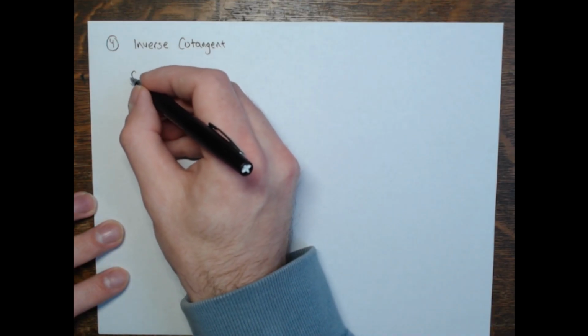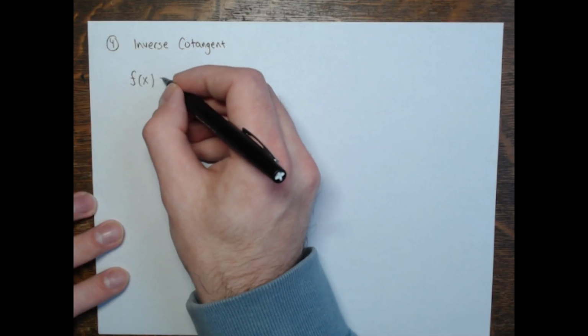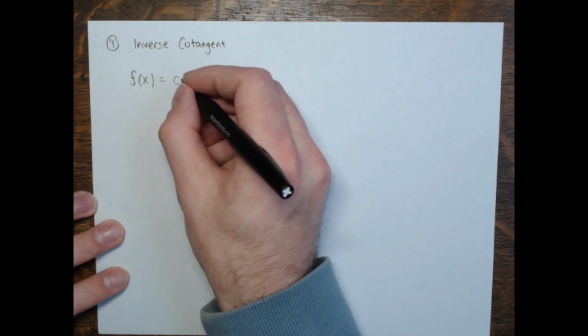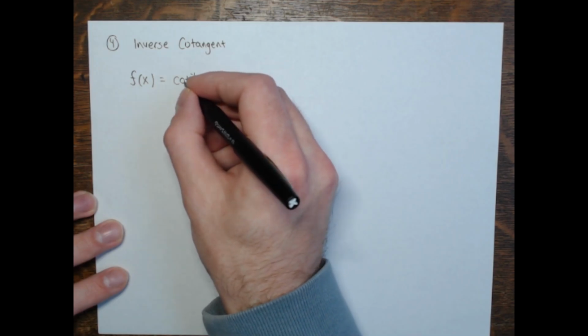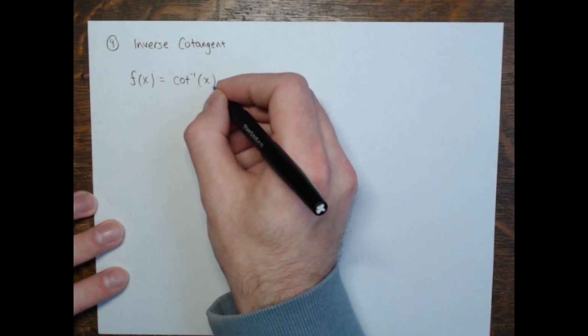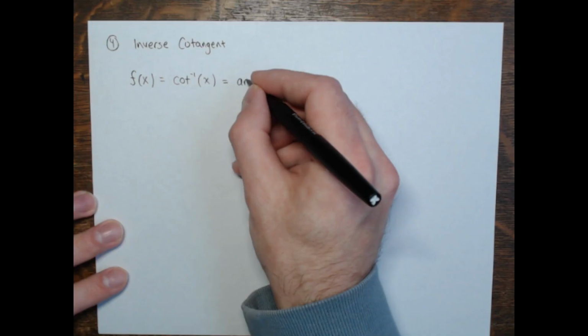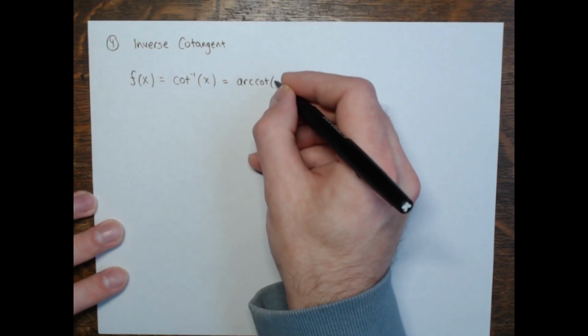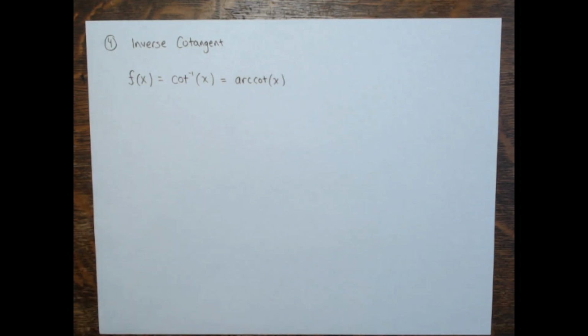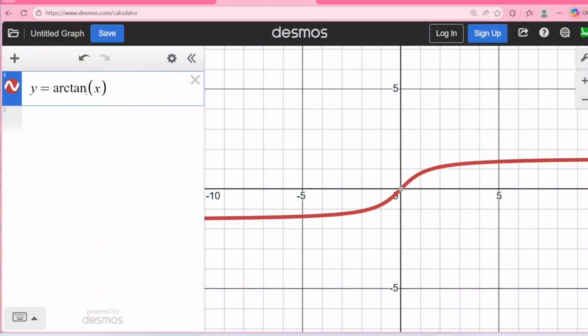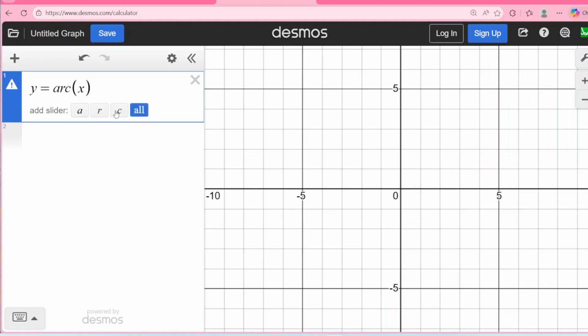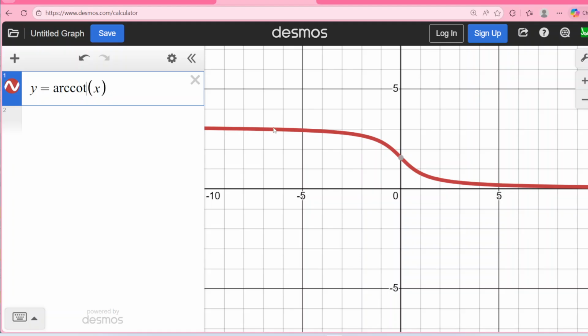So again, the original function I care about is this one I'm going to call f, the inverse cotangent, right? So cotangent with the little -1 of x, or arc cotangent of x. And again, just to remind you what that looks like, here's arc cotangent of x, right? So this swooping down curve. So the domain's all real numbers, right?